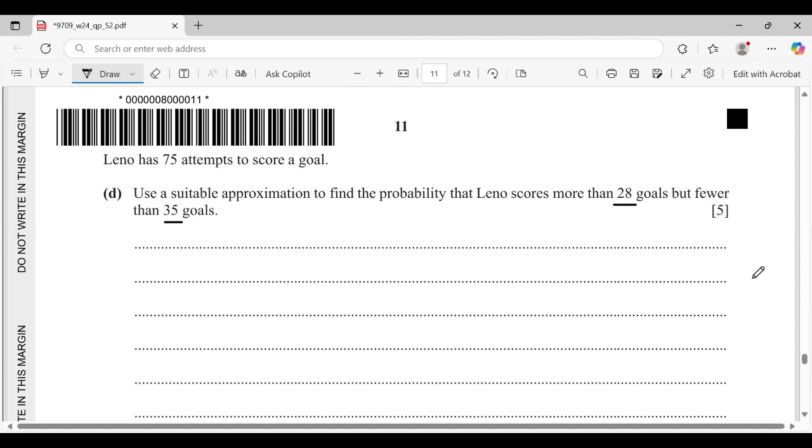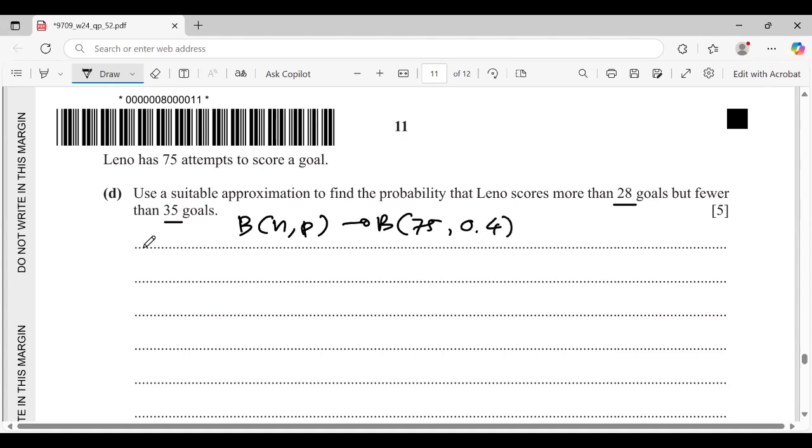For a binomial distribution B(n, p), n is 75, so this is the binomial distribution, and the probability is 0.4.